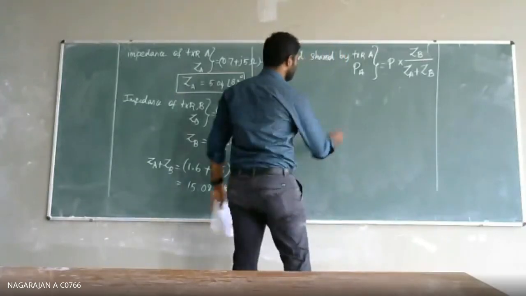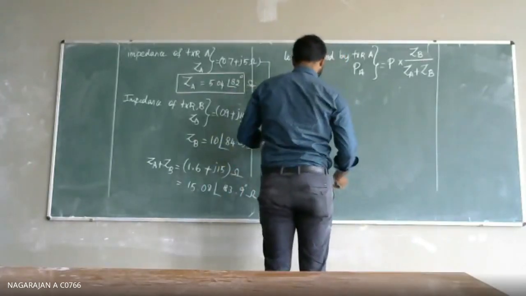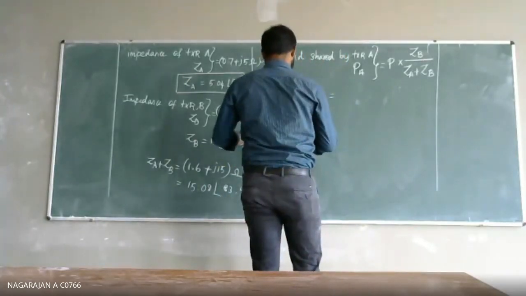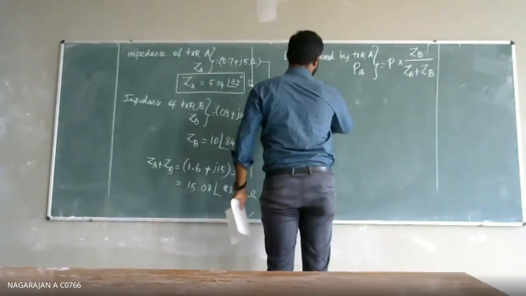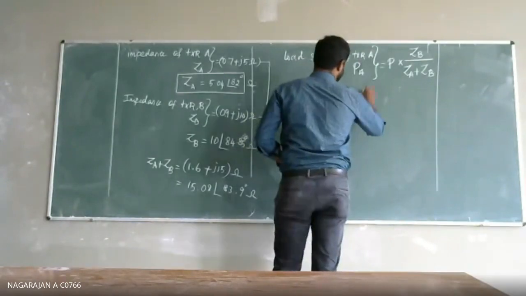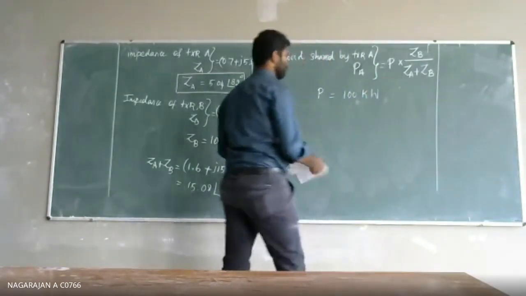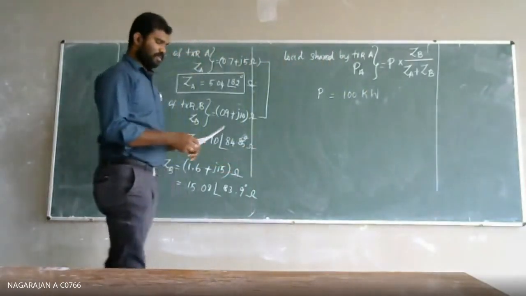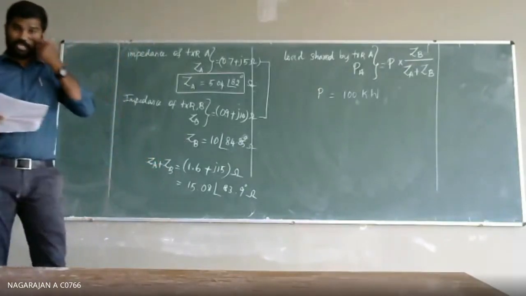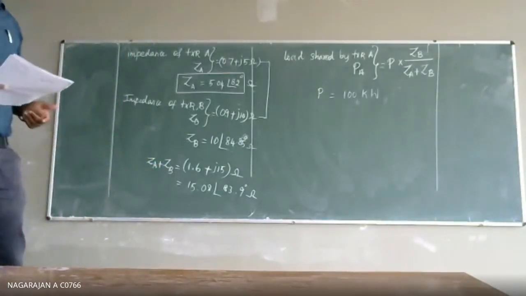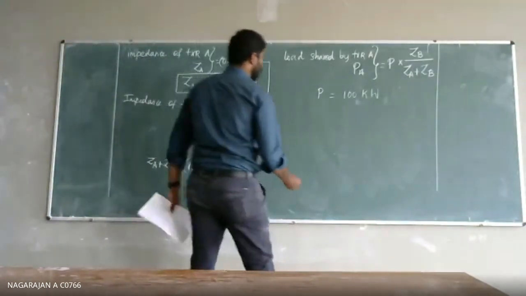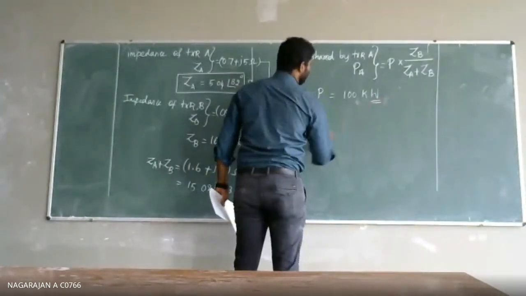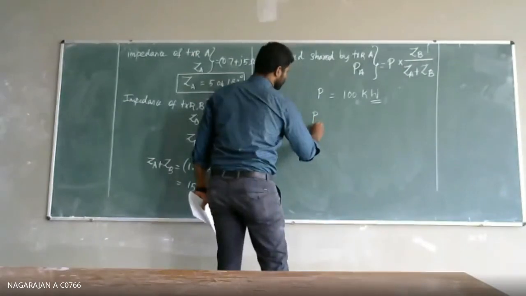Okay, so put the equation. The power value here is given as P equal to 100 kilowatt. The power value has been given in kilowatt. We need to convert that into kVA. For converting kilowatt into kVA, we have an equation.